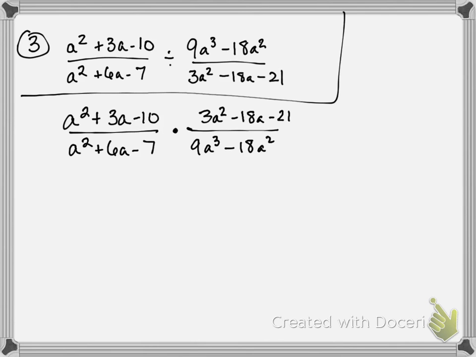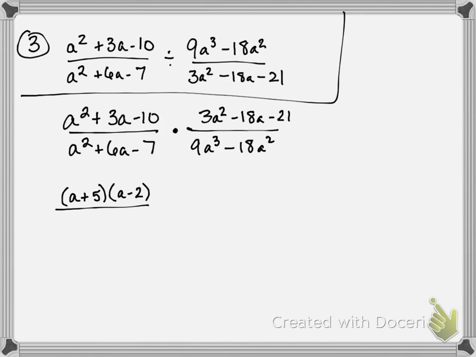The first part, I'm going to factor the top. So factors of negative 10 that add to give you 3. So 5 and negative 2. 5 minus 2 is also 3. So this is going to factor to be a plus 5 and a minus 2. All right.